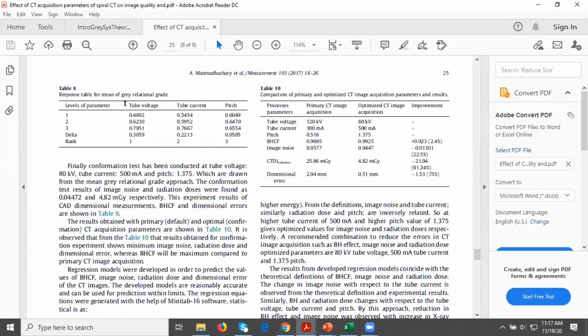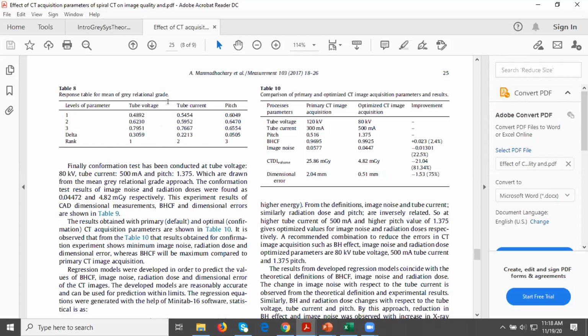Here you already know which factor is influencing. Tube voltage has the most influence. I think this is the ANOVA test; maybe some research person explained it to you. From all these input parameters, which one plays the major role in the response value, that is the influence factor. Tube voltage has the greatest effect on the response, then tube current, then pitch.